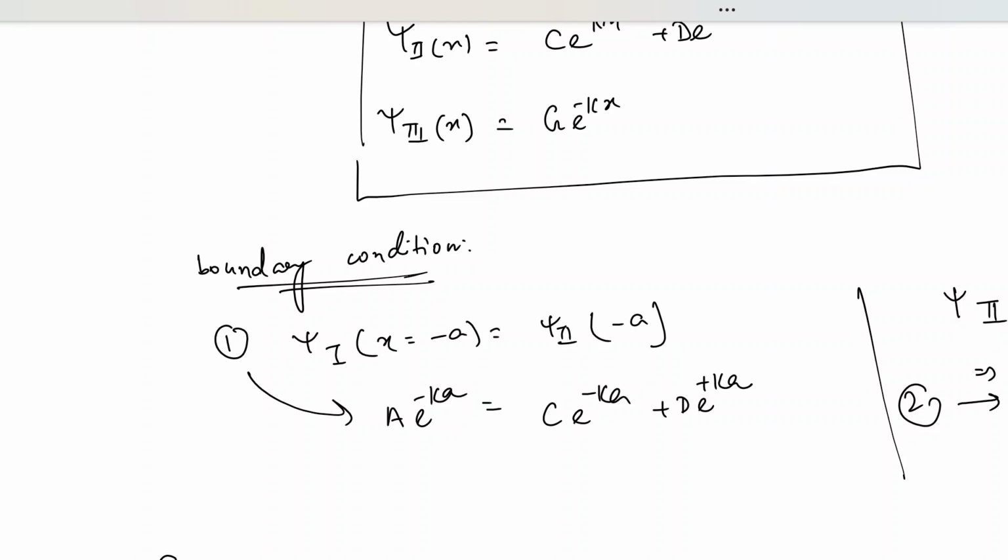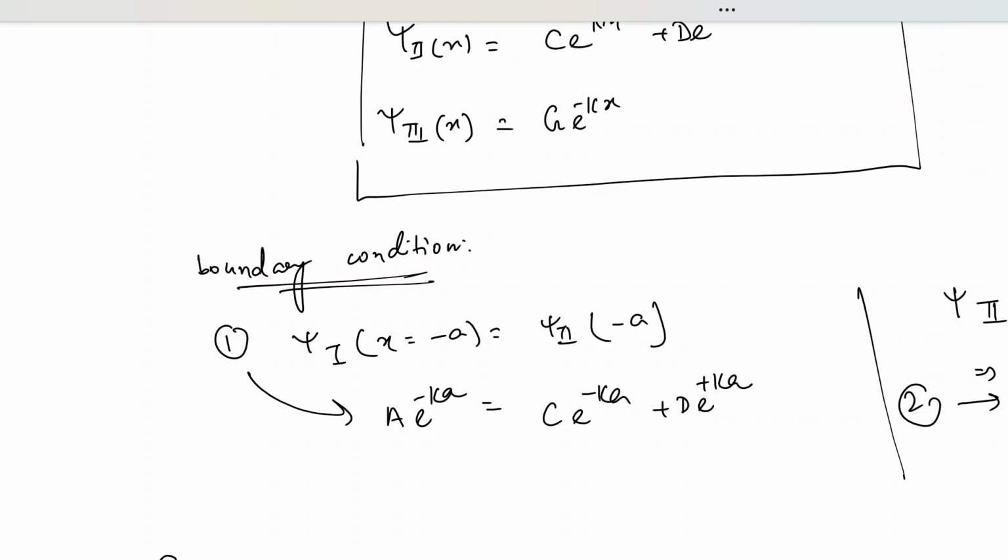I'm not going to write down everything in detail, but just for the idea, here you will have an equation like del psi del x at minus a plus epsilon, which is the other side of minus a, that means this is the psi 2 regime, right? And to the left side, that is the psi 1 regime, so this is minus a minus epsilon.